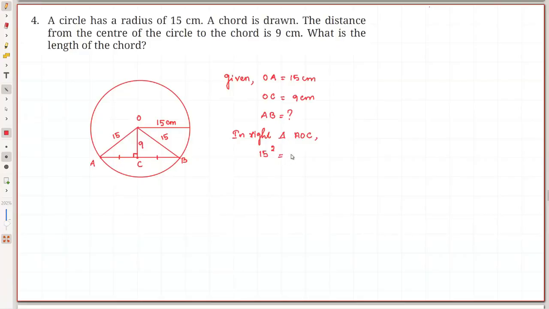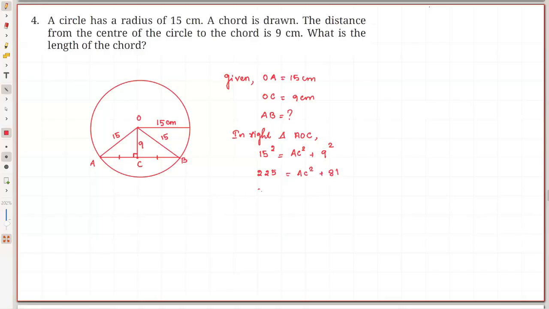So 15 square is equal to AC square plus OC square, and OC is 9, so AC square plus 9 square. 15 square is 225, so 225 is equal to AC square plus 9 square, which is 81.